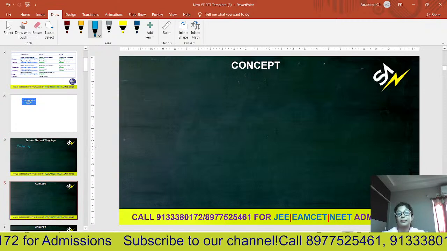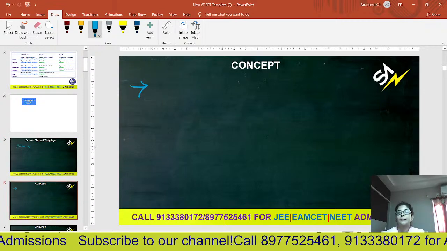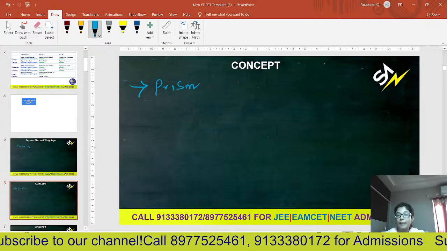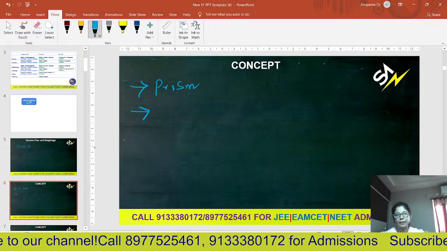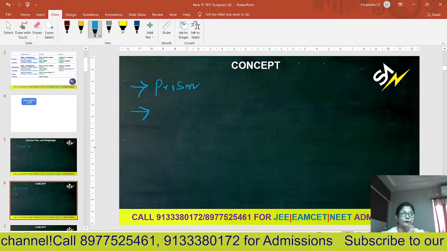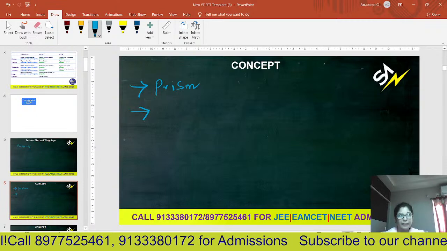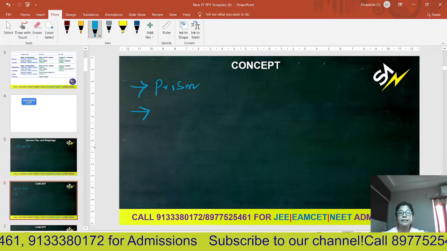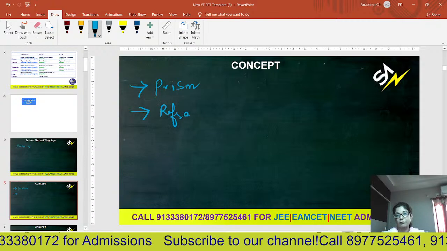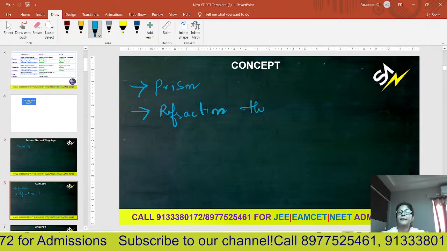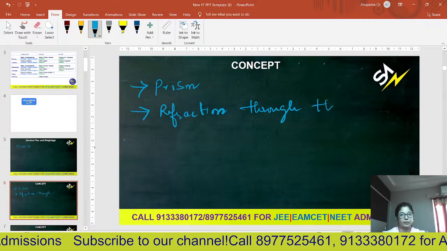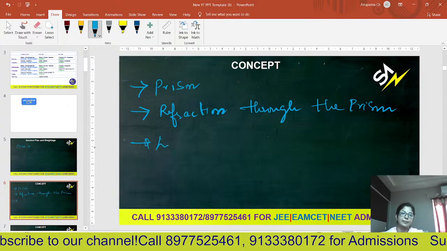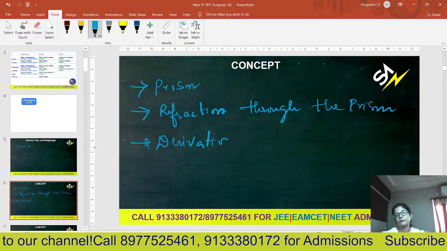Now coming to the concept, as I told you, we will first try to learn about the prism, how it looks. I think you all have an idea of the shape of the prism, how many triangles, how many rectangles, all that you might have learned. But again, we will revise that, and then we will see refraction through the prism, how it happens, and then the derivation of the refractive index of the prism.